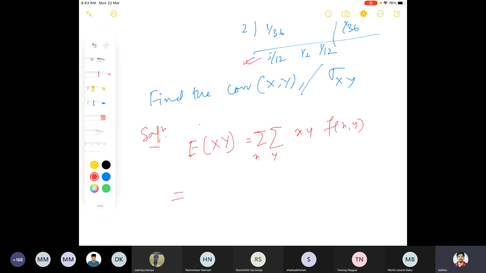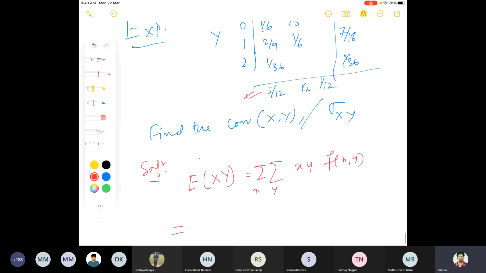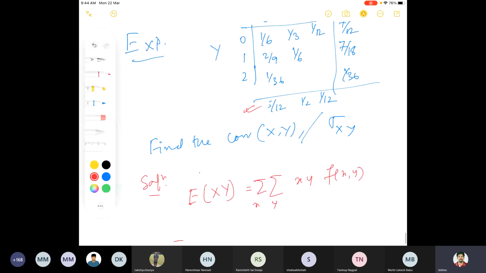So if I do that, from the table I can see, okay, 0 times when x, y both are 0, then f of xy is 1 by 6, plus when x is 1, y is 0, then it is 1 by 3, plus x is 2, y is 0, then it is 1 by 12, and so on.